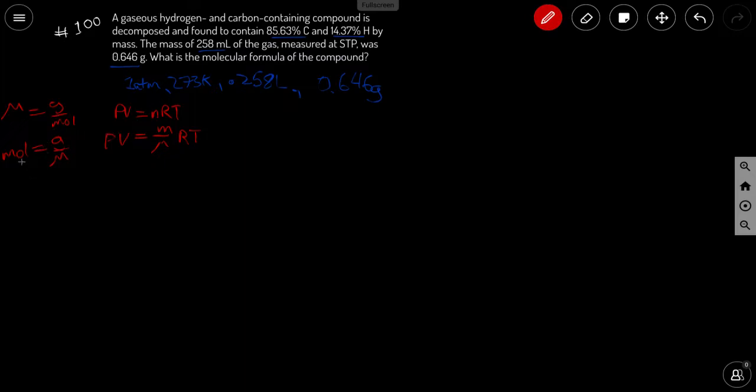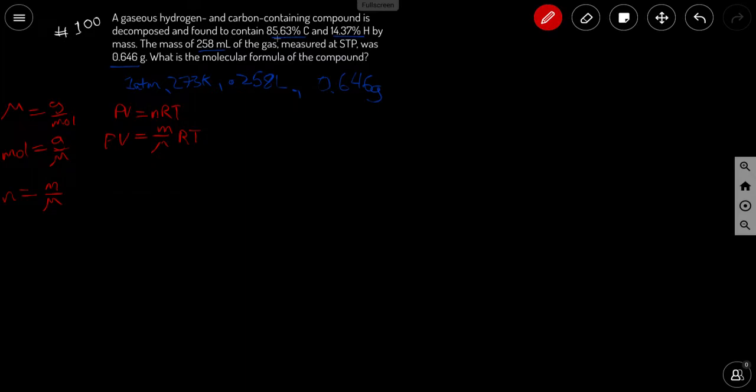Moles is what N represents, grams is mass, and then you have molar mass down here. So that's how you get from N to mass over molar mass.